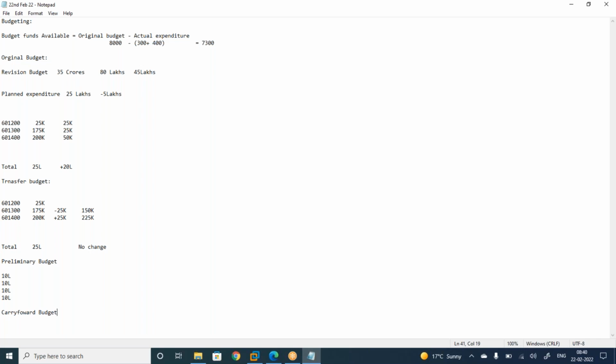Then carry forward budget means, suppose the total flyover construction budget is 15 crores. First year 5 crores, next year 5 crores, next year 5 crores. So in the first year it was not completed, only 3 crores was used. So the remaining 2 crores I can transfer to the next year so that I can utilize it next year. Agree?